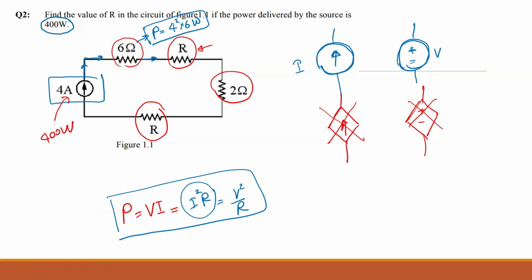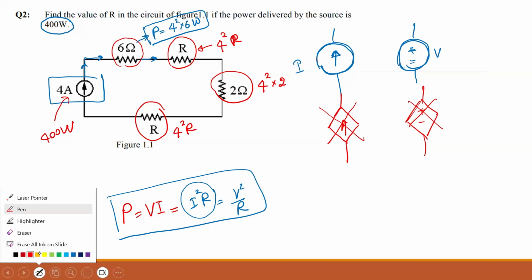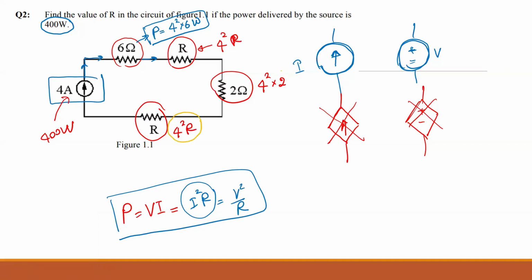Power consumed by this resistor will be 4 squared times R. And this one should be 4 squared times 2, because the current doesn't change, only the resistance is changing. So here again 4 squared times R. When you add these powers consumed, that should be equal to 400 watts. Do you agree with me?